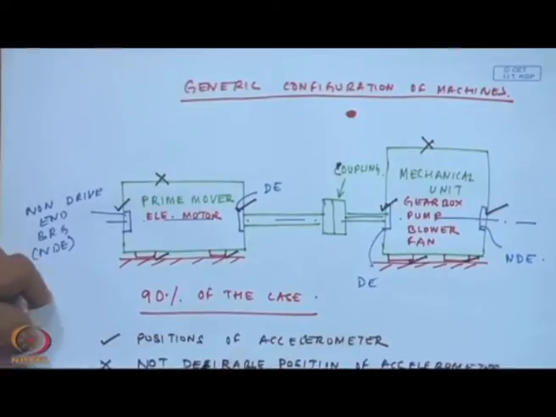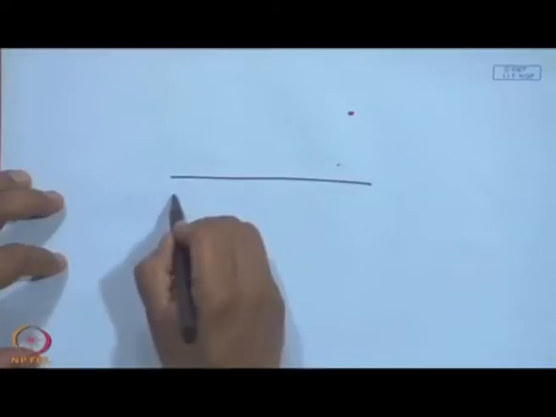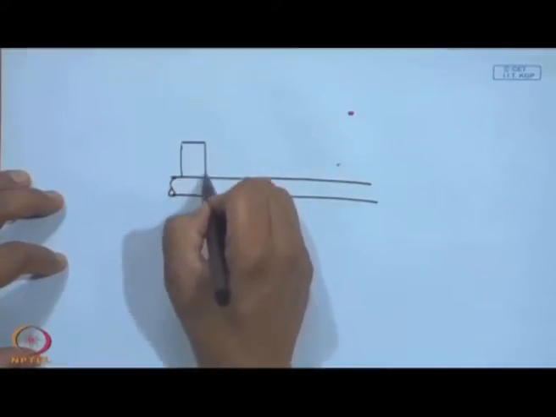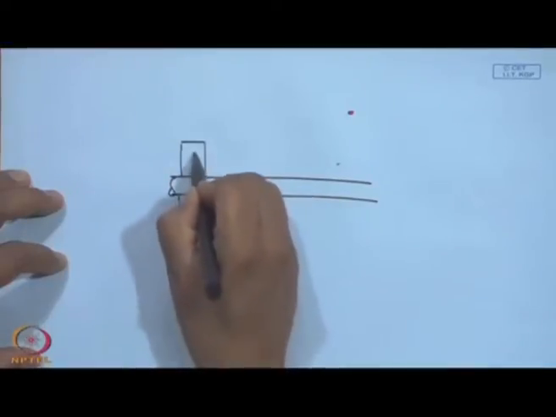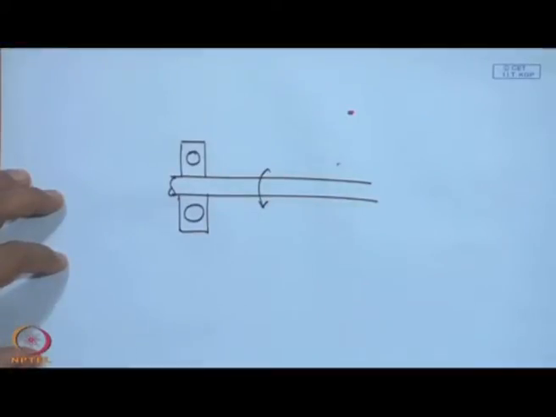Okay. I will enlarge one of these views here and try to explain. Suppose I have a shaft and then I have a bearing. The shaft is rotating and then the shaft is put on a casing.